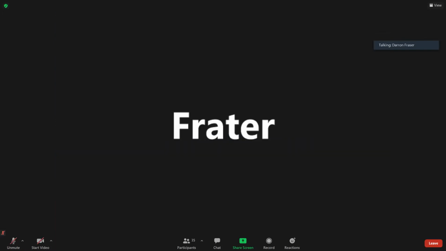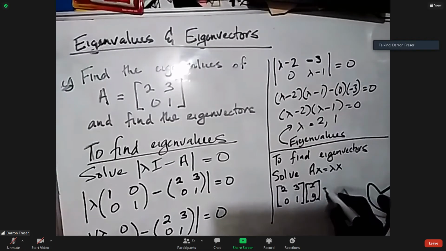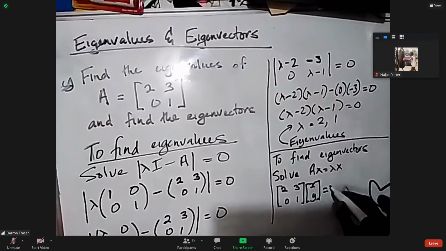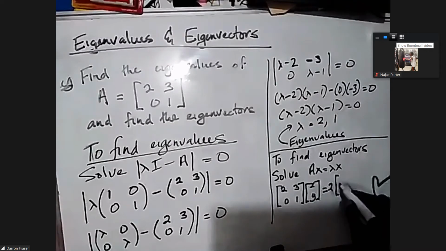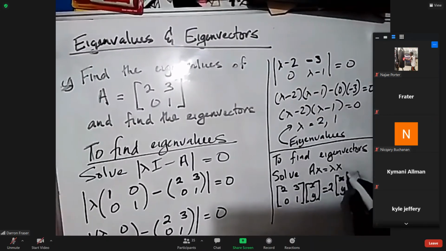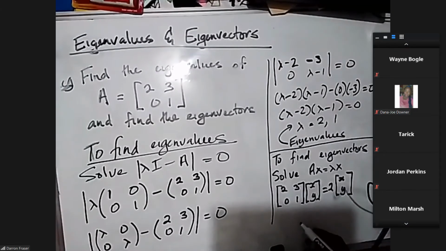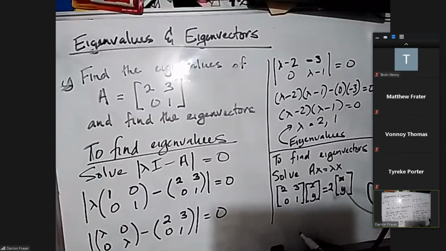X, we call it xy, I'm going to use xy, is equal to, I'm going to use the first eigenvalue that we have there, that's 2, x, y. So that's going to give me 2x plus 3y.